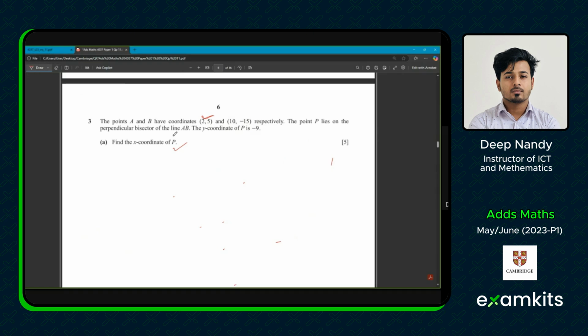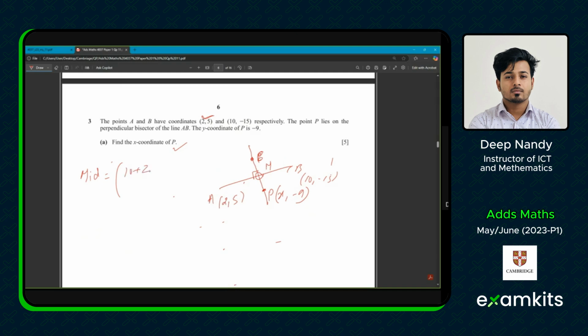So the thing is, we know the line AB with coordinates given as (2, 5) and (10, minus 15). So the perpendicular bisector lies here, and point P lies somewhere here. No, not here. It's here, as y equals negative 9. So this point is known as the midpoint on the perpendicular bisector. For the midpoint, we're going to find it.